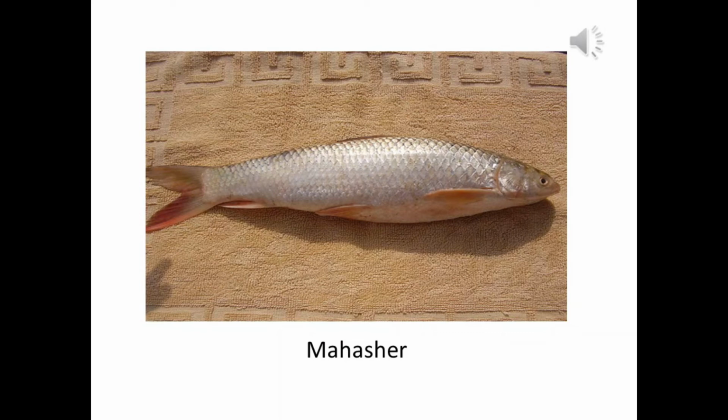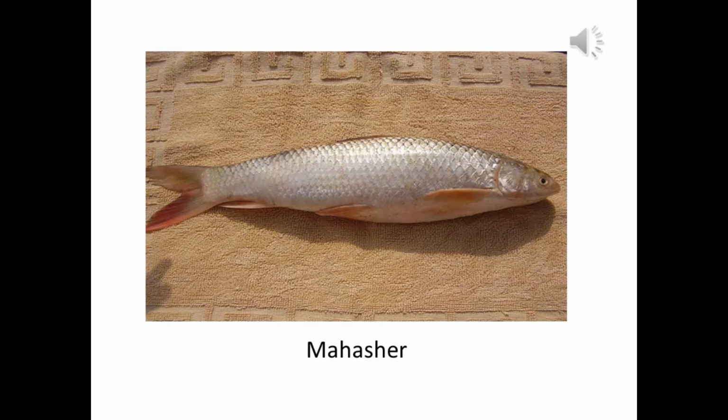It is a popular game fish, the largest species of mahashir, and can reach up to 2.75 meters or 9.0 feet in length and 54 kg in weight, though most caught today are far smaller.